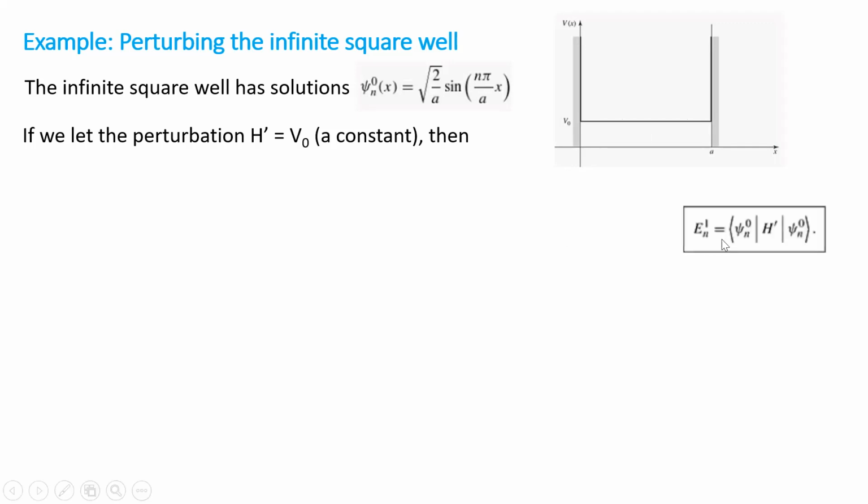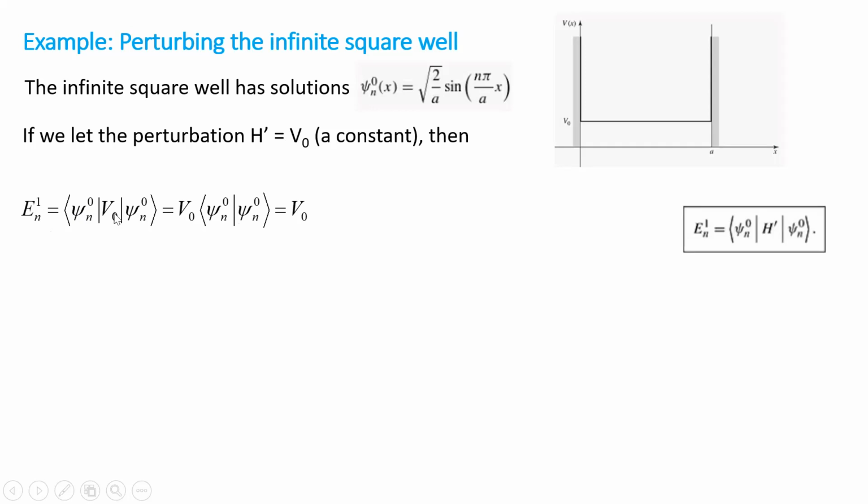Okay, so the first one, just to remind you, is that the first order correction to the energy is the expectation value of the perturbation in the unperturbed wave function n. So let's see how that applies here. So we have En1 is psi n0, our H prime here is V0, which is a constant.